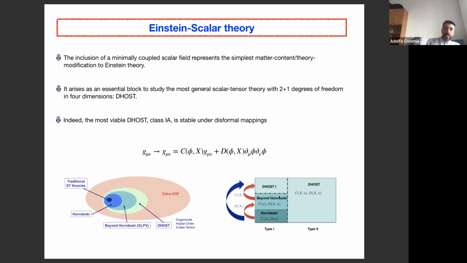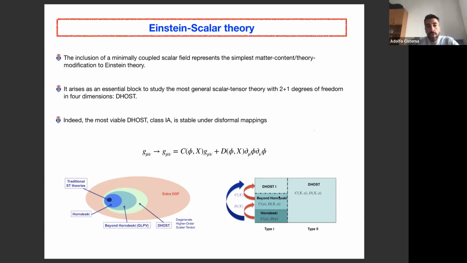So that's why, in our opinion, it's interesting to understand the integrability properties of this system and what we can do here in Einstein with a simple minimally coupled scalar field, to eventually understand what is going on in other more sophisticated scalar-tensor theories that might be appealing, like, for example, Horndeski or DHOST.